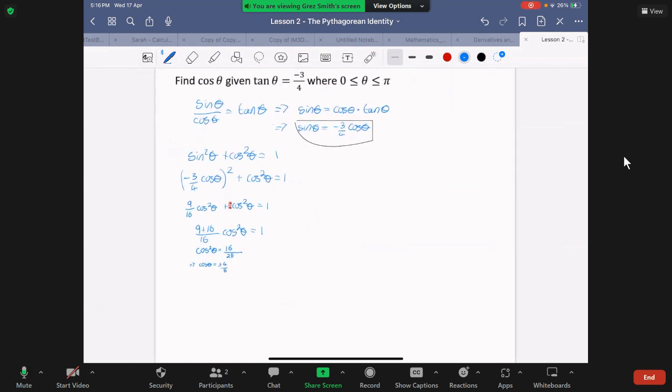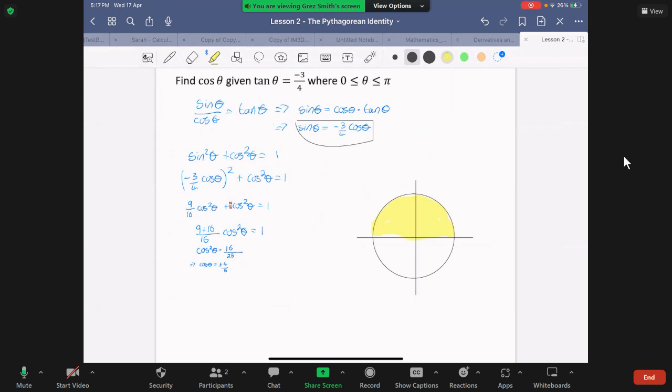I am told that theta is between 0 and pi. So let's start off with our unit circle. We are told that the angle is between 0 and pi, so the angle is here.